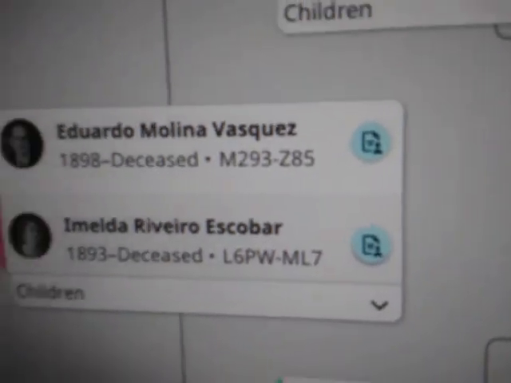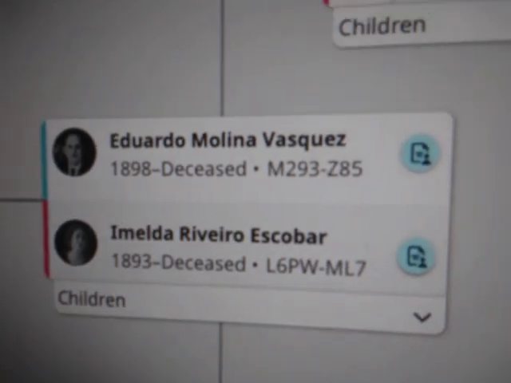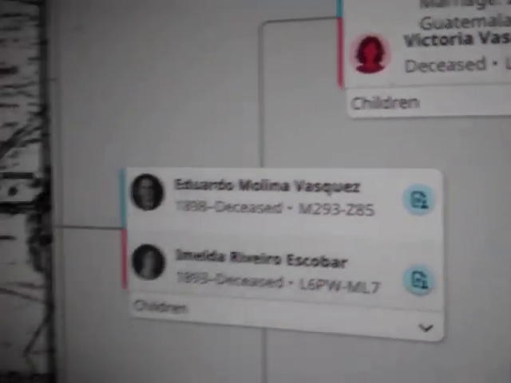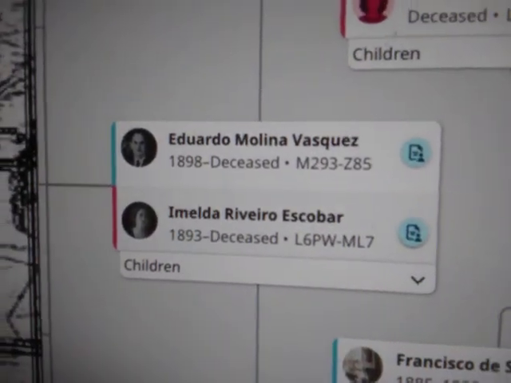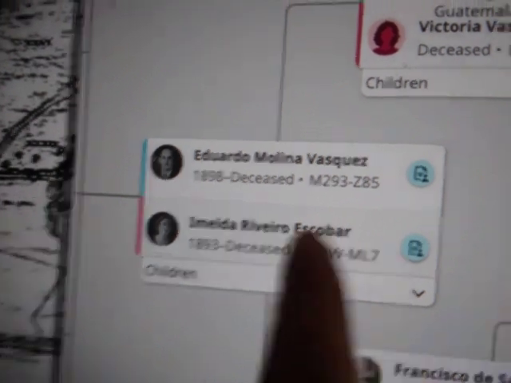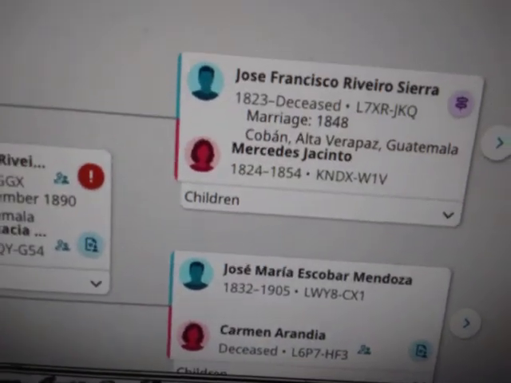Somebody's been keeping up. I put the pictures of both of these people when I first came to this site, looking up first him. I just got this part up here because Imelda wasn't in there. So I entered Imelda into this family tree, and all of this information was already in.